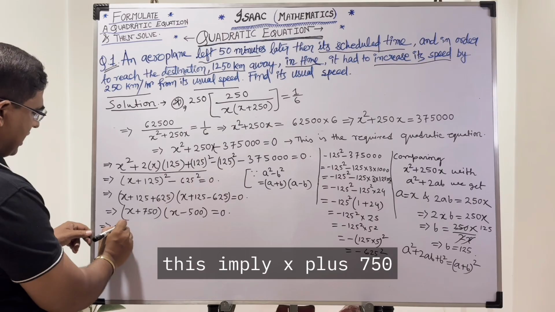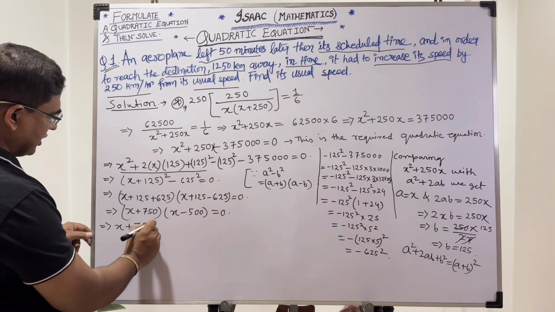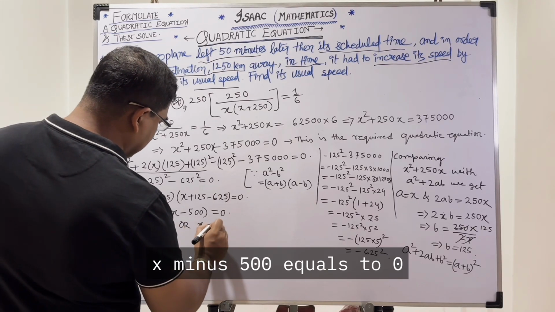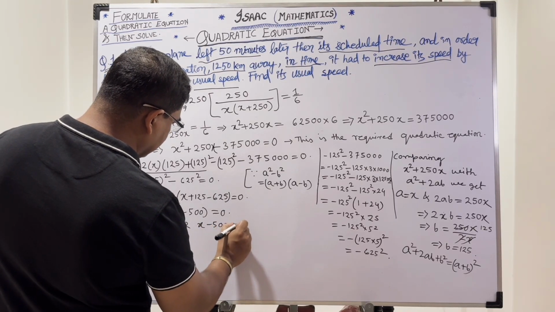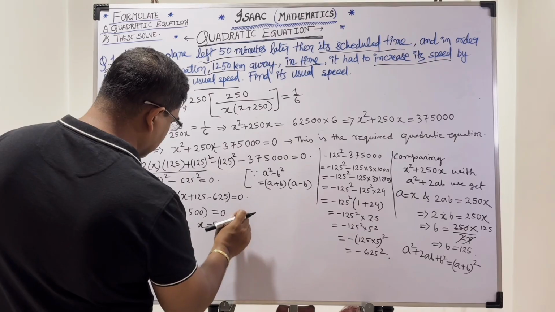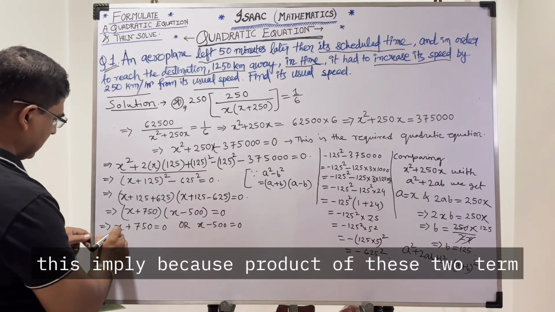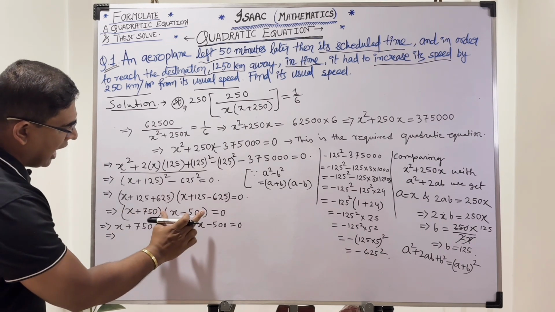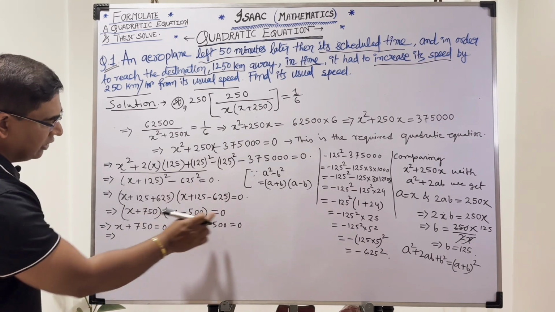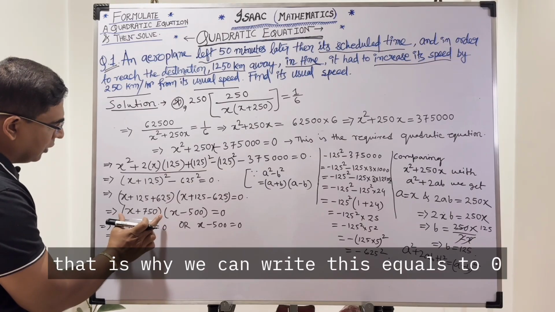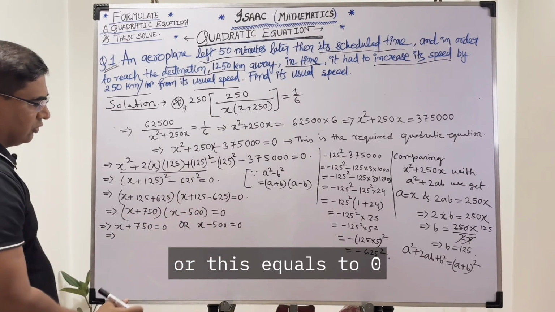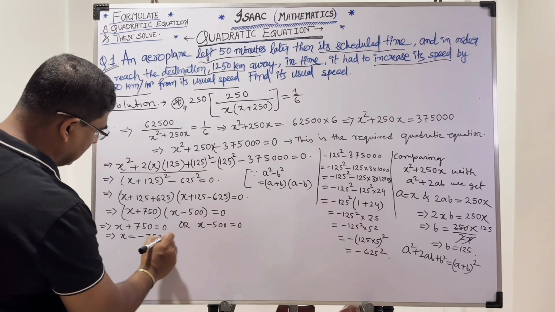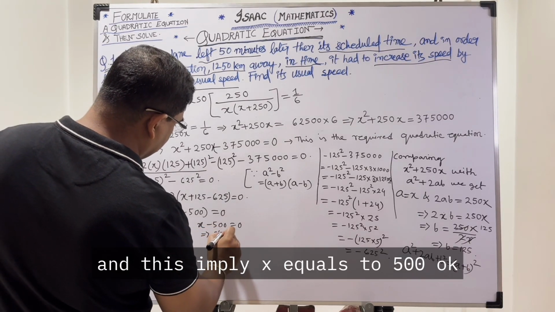This implies x plus 750 equals 0 or x minus 500 equals 0. Because the product of these two terms is 0, we can write this equals 0 or this equals 0. So this will give x equals minus 750 and x equals 500.